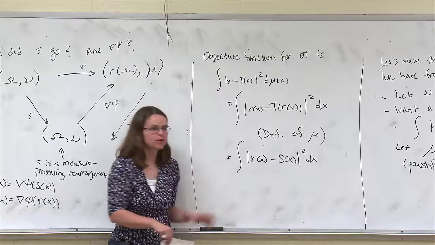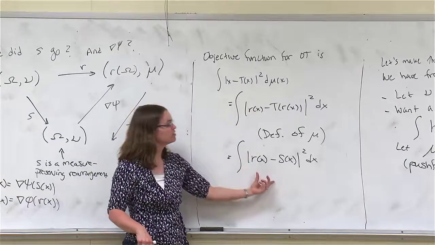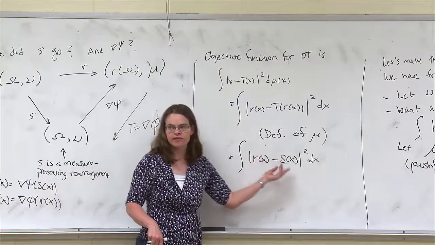Okay, so in other words, the thing we're trying to minimize is equivalent to this. R is given, S is an unknown.